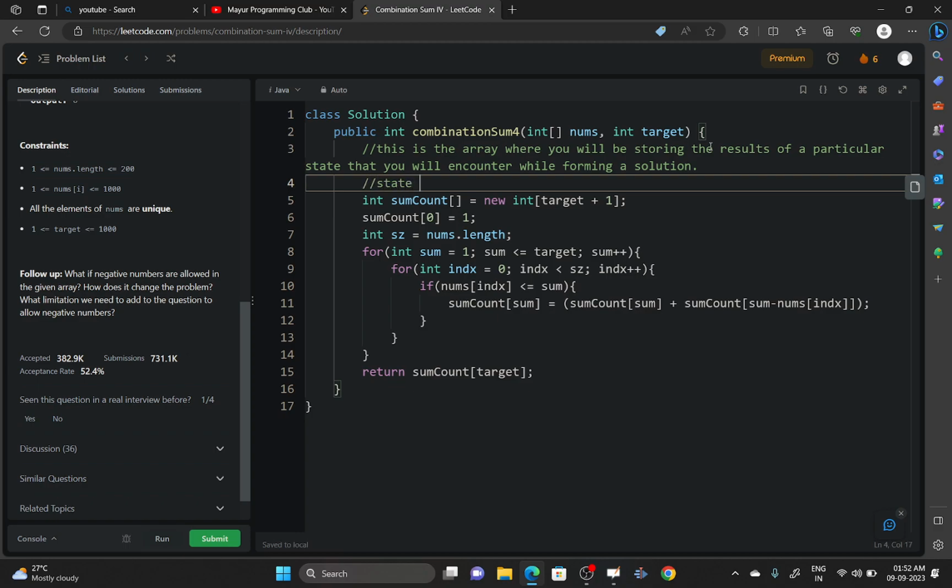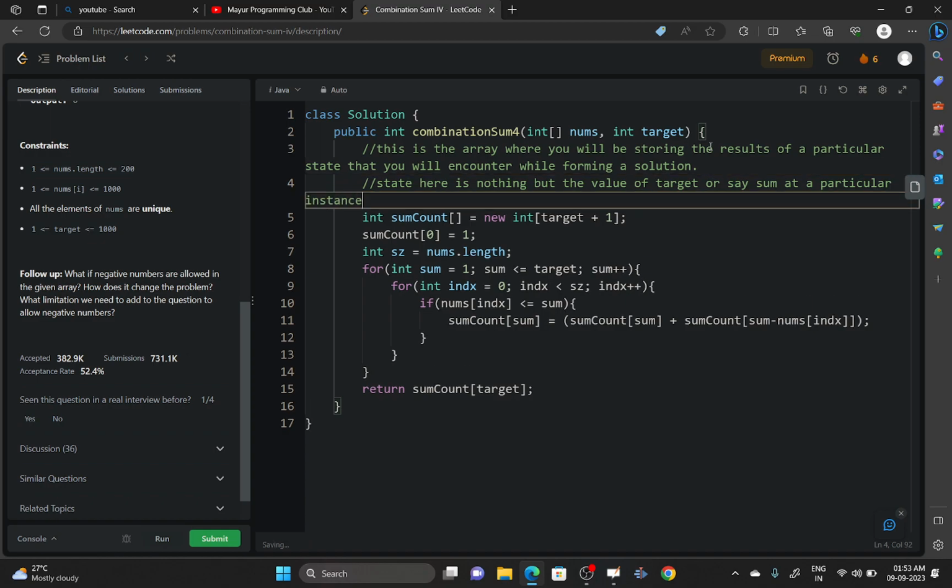State here is nothing but the value of target, or say sum, at a particular instance.